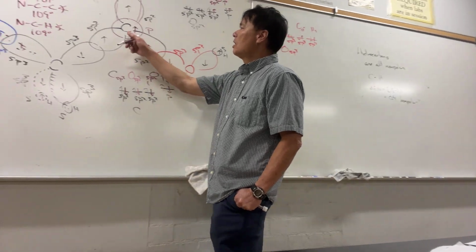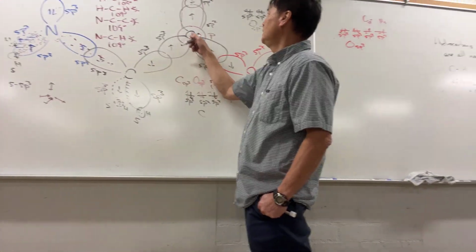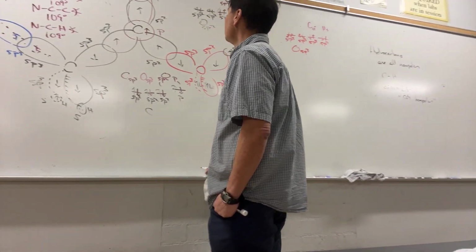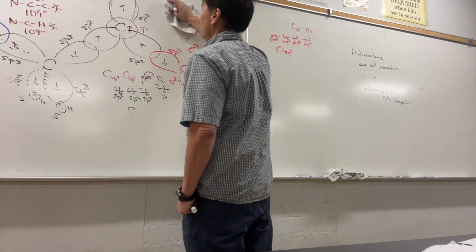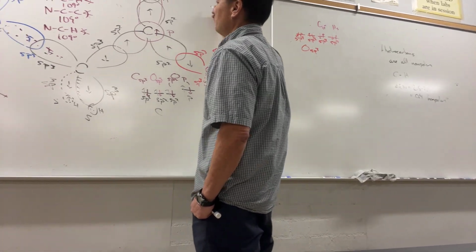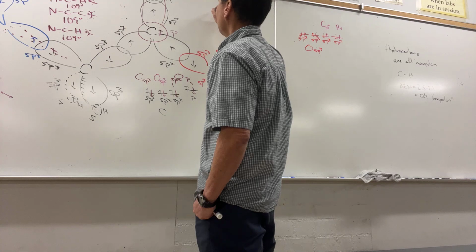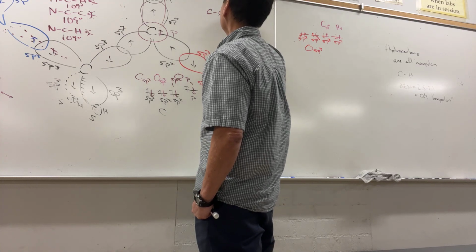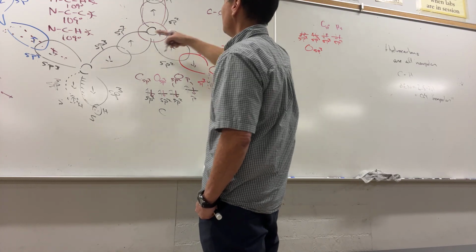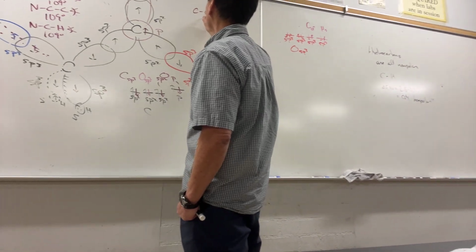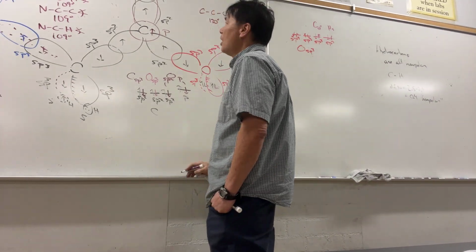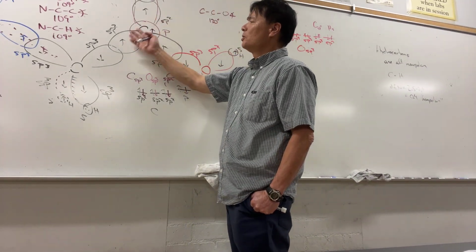Now, when we go to this carbon, we have the CCO angle. The CCO angle should be about what? sp2 is 120. However, a double bond has greater repulsions than a single bond.